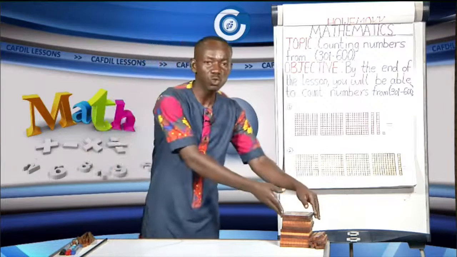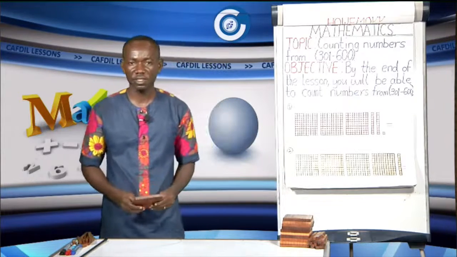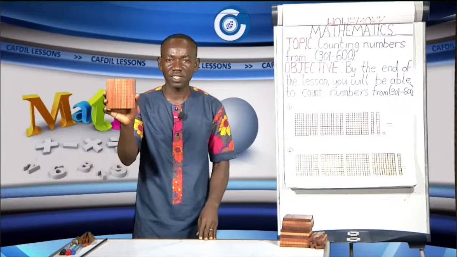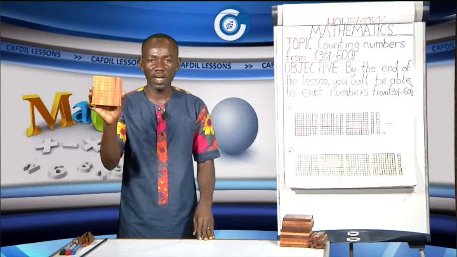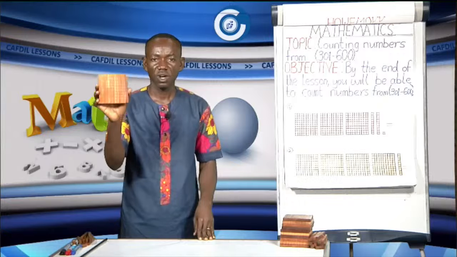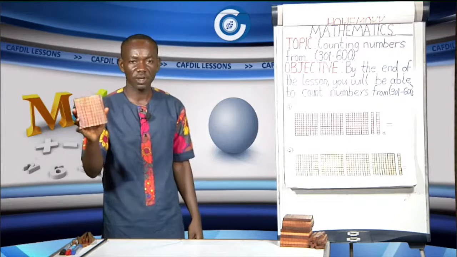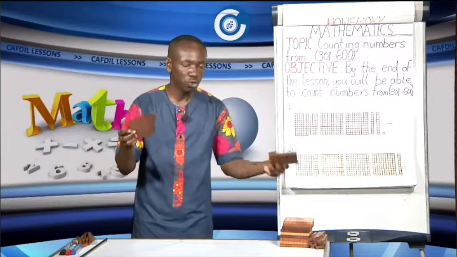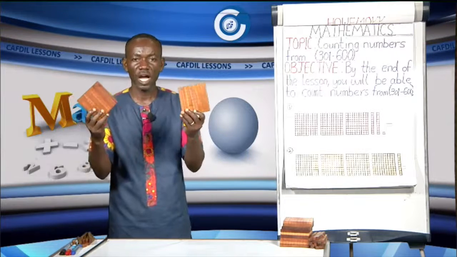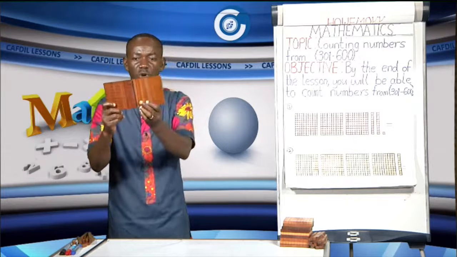And in our lesson 2, we learned that 1 flat shows 100. So when we have 2 of the flats, we have 200. That is 100 and another 100, put together.